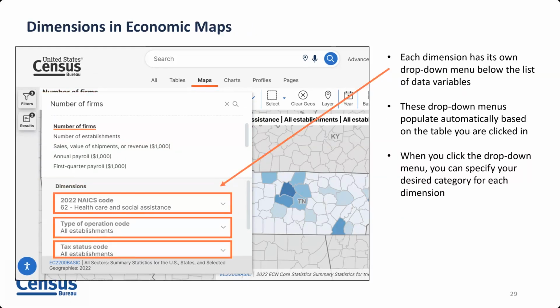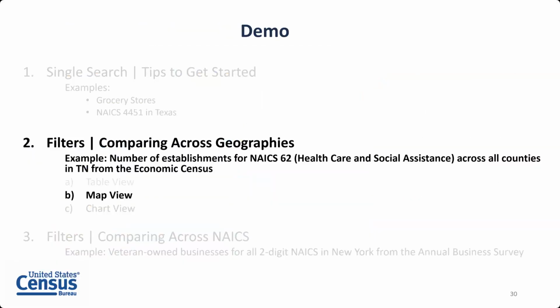And your dimensions in the maps will populate through a series of drop-downs in a dimensions section just below the variables. So these populate automatically based on the dimensions that are applicable to the table that you're clicked into. So you'll just want to review the dimensions and make sure it's set to the context that you want displayed on your map. So let's see what this looks like in action.